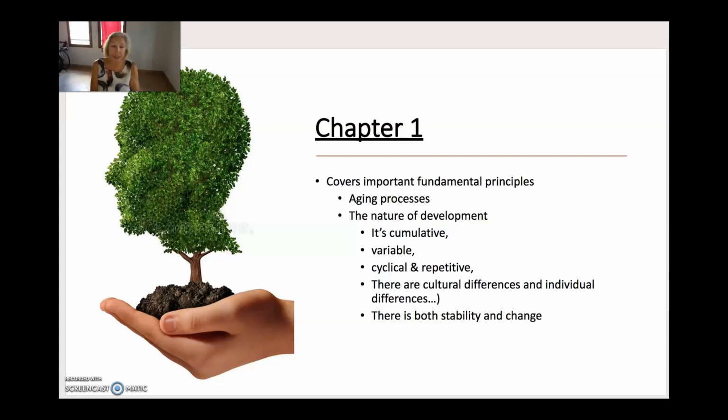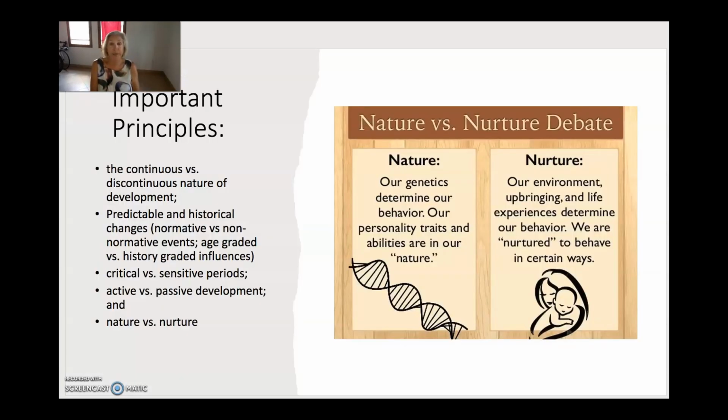There are for sure cultural differences and individual differences between cultures and between individuals, and there's both stability and change. Important principles that we need to look at are the continuous versus discontinuous nature of development. The textbook gives you some interesting information, so you tell me, do you feel it's more continuous or more discontinuous?